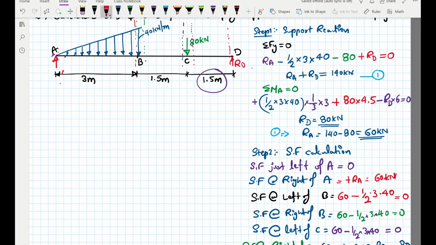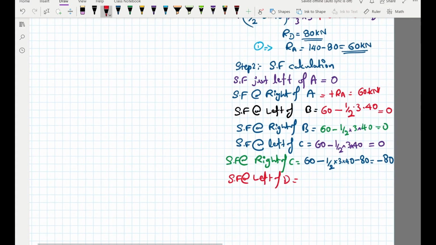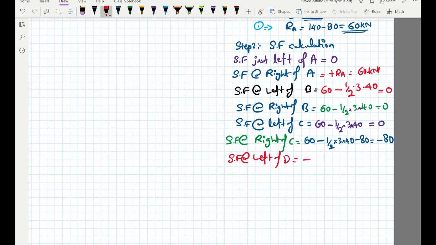On the right of the section, upward forces are negative, downward forces are positive. So directly I can take RD, which is acting upward, and since it is the right side, upward is negative, therefore it is minus 80. If you are confused with the right side, if you go for only the left side, again in between C and D nothing is going to act. So whatever we got at C, that is minus 80, will be the answer.